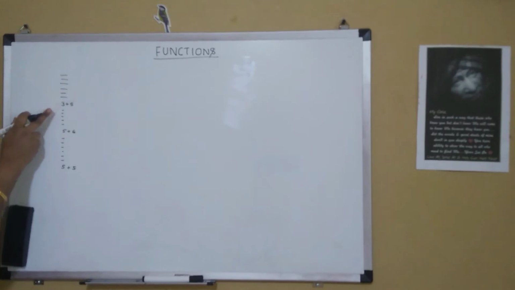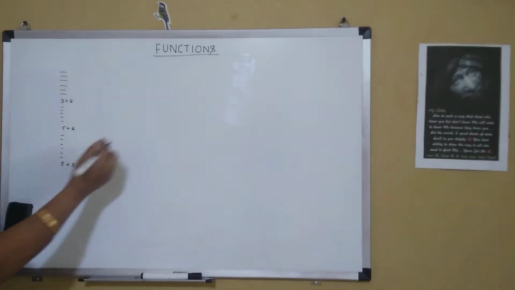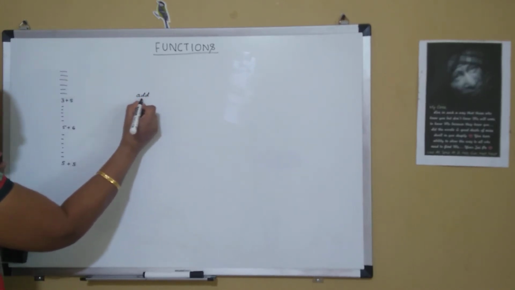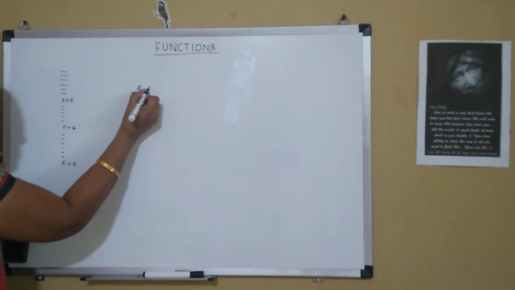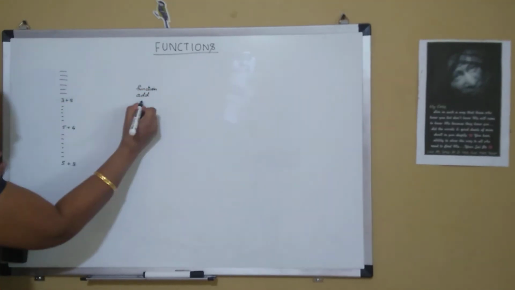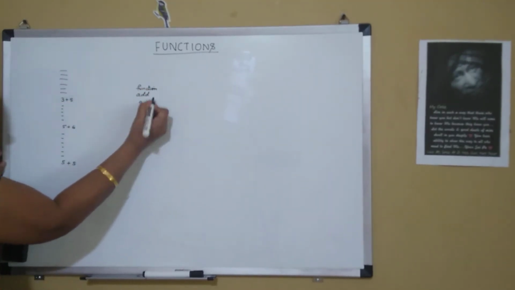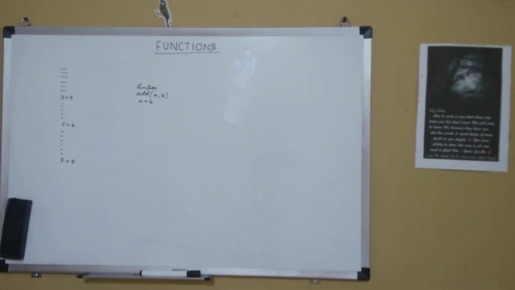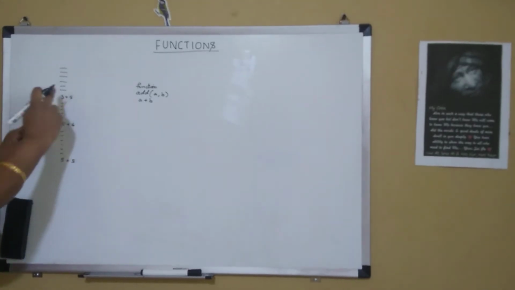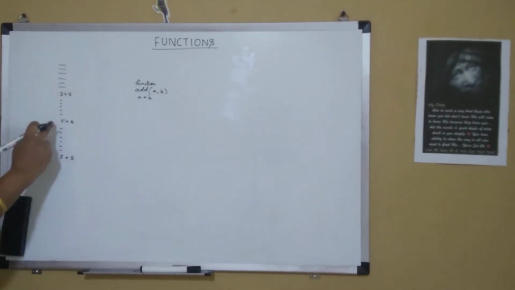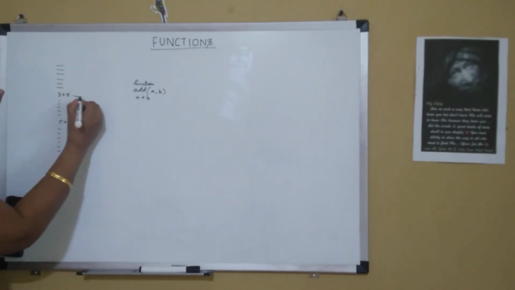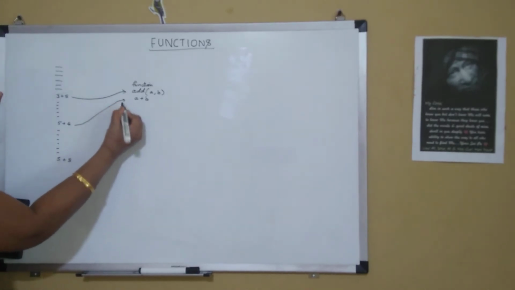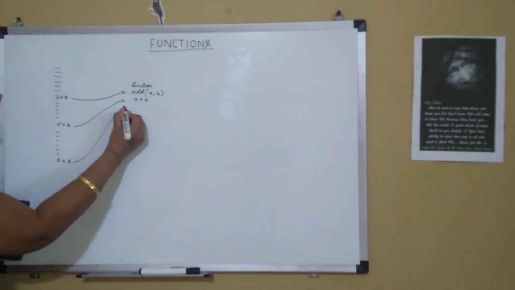So instead of performing the same operation again and again, we can write a user-defined function called add. We can define a function called add and add the two numbers, that is a plus b. This a and b, we can pass as parameters to the function. So instead of performing 3 plus 5, 5 plus 6, 5 plus 5 at three different places, we can call the function whenever we want to add two numbers.